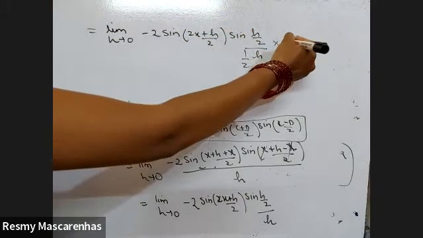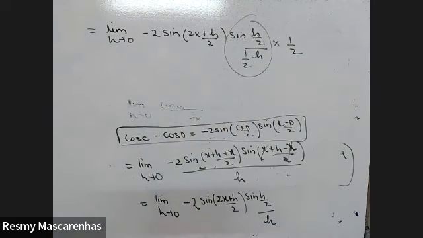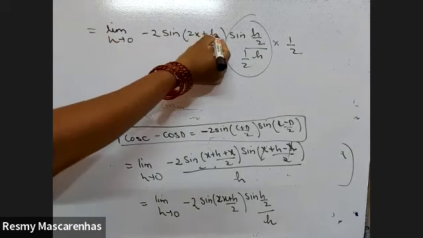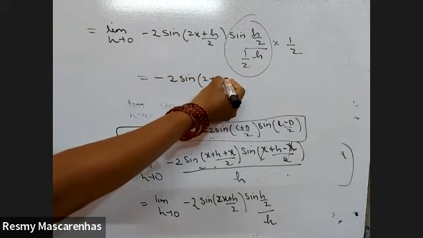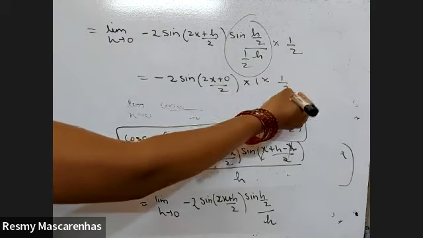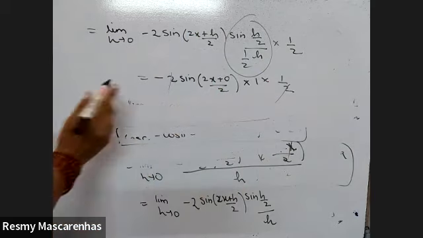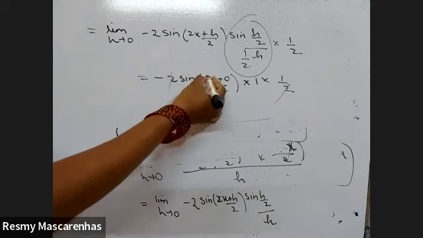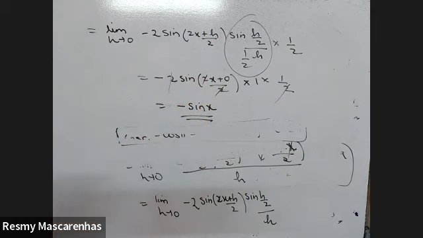Half and half. The moment this matches with this one, answer is 1. And wherever there is h, put 0 now. This also will cancel. So minus sin x is the answer. The derivative of cos x is minus sin x.